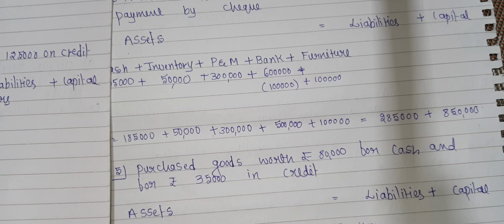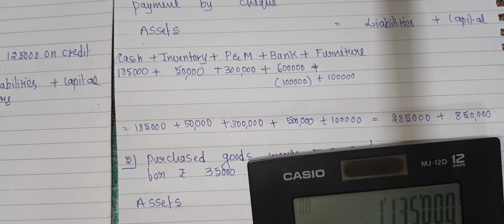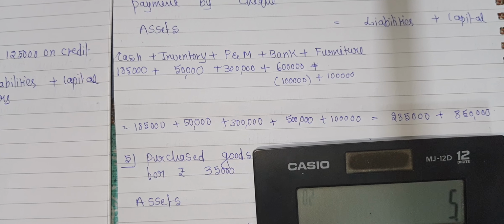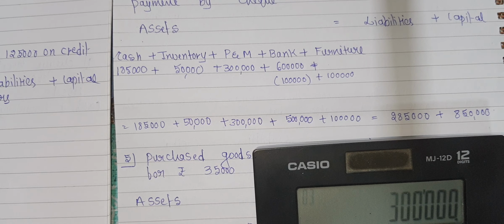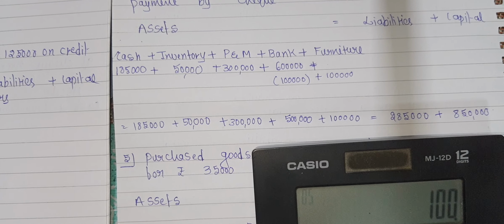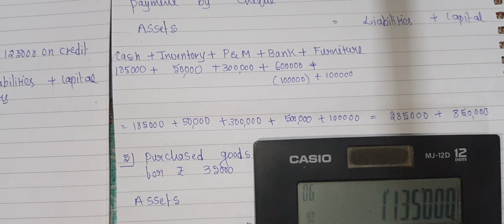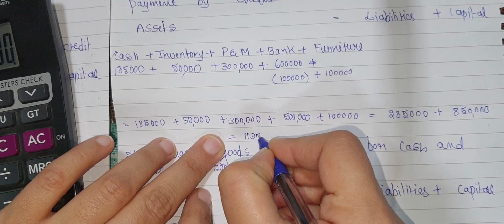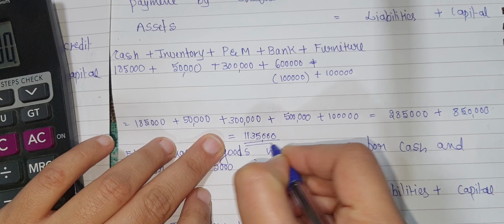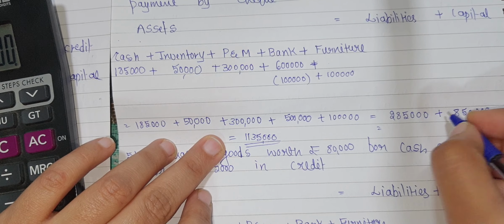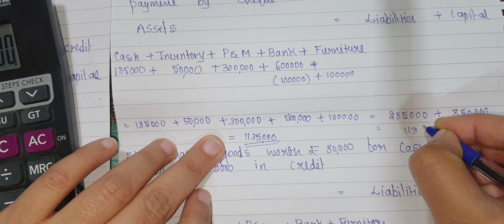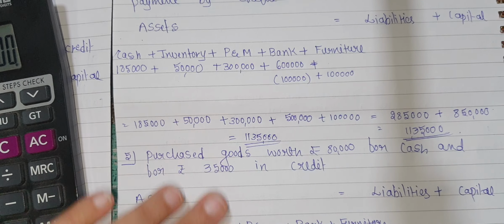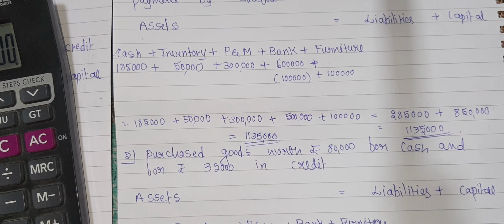Now we will see the total. 1,85,000 plus 50,000 plus 3 lakh plus 5 lakh plus 1 lakh, that is 11,35,000. And here also 2,85,000 plus 8,50,000 is 11,35,000. So here also our equation is correct.